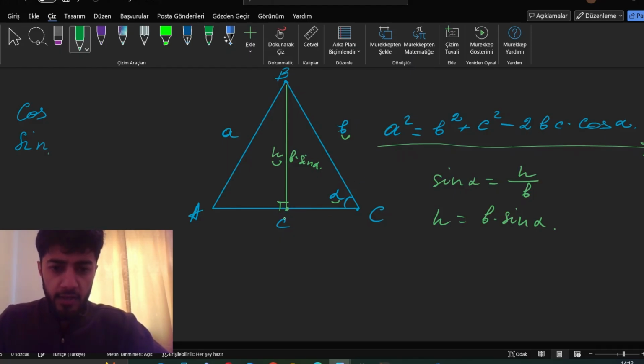And let's call the intersection point D and find the DC length here. The DC length here is going to be B times cosine alpha, right? And for this side, we can find the side AD here.